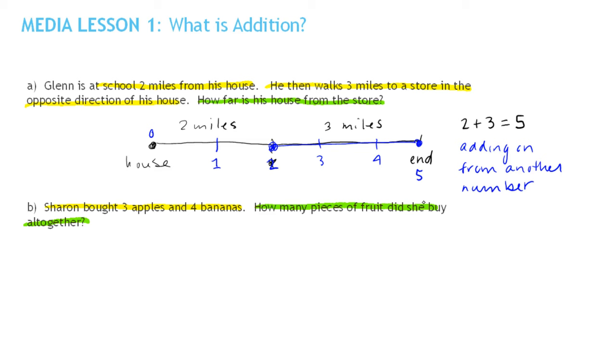Okay, so we can think of this. I'm going to do an awful drawing job, but we have 3 apples. Those look like bombs, but they're supposed to be apples. They're red, so you know what I mean. And we have 4 bananas.